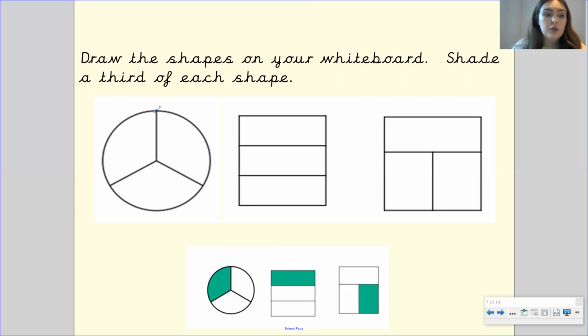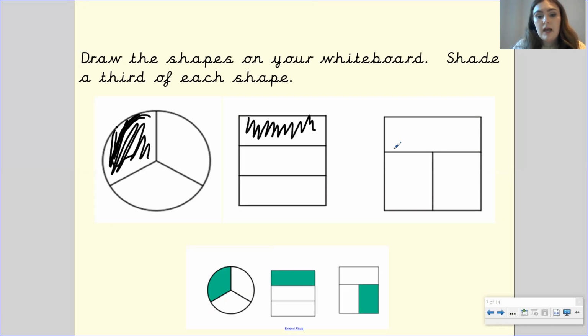So with your circle, you should have just shaded in one of the parts. It's been split into 3 equal parts and you just needed to shade in one of them. Same with this square here and the same with this one as well. So you just needed to shade in one part of them to show a third.